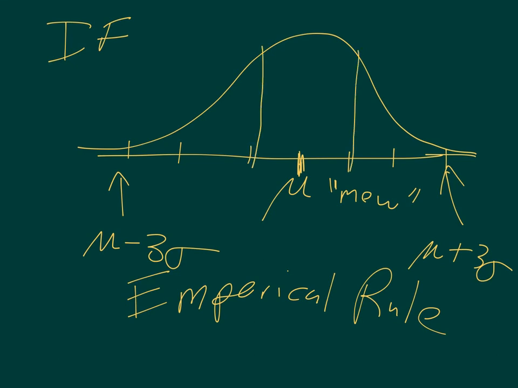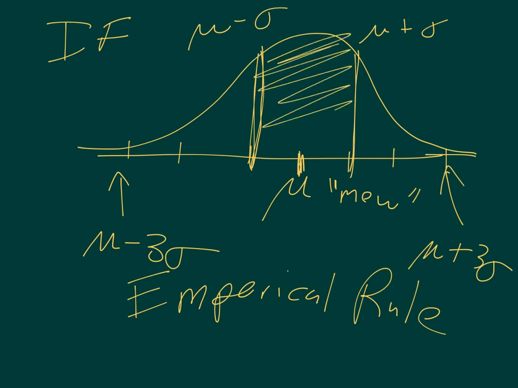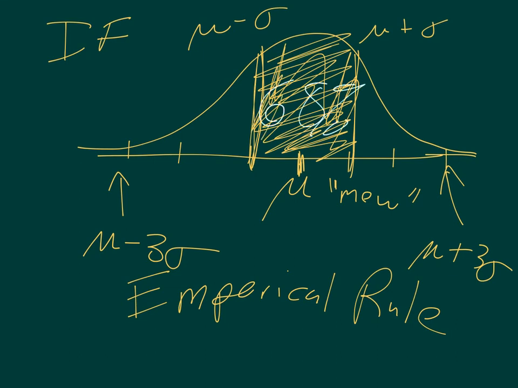One of those is that between mu minus sigma and mu plus sigma, generally speaking, the area is 68%. There's more we're going to learn about the empirical rule soon enough, but for now, that will do it.